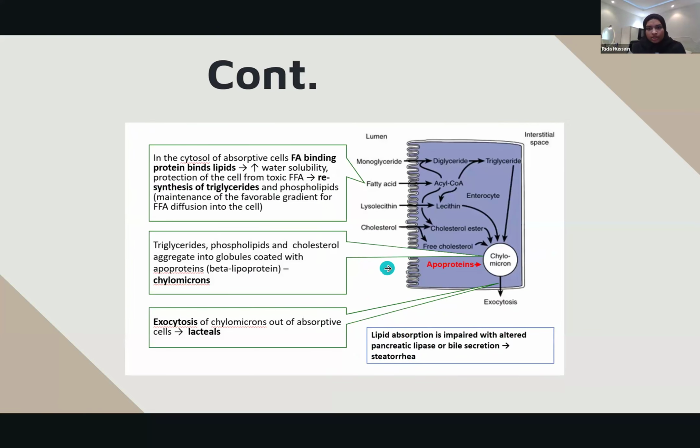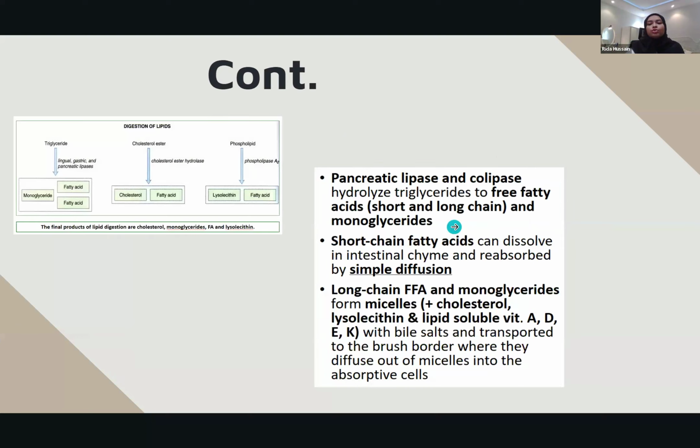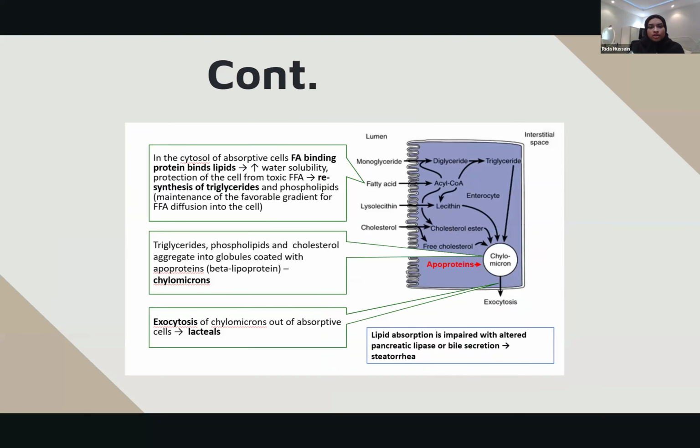Now we move on. We said that there are three main processes to this whole thing: first emulsification, then enzymatic digestion, then reconstruction. So now we will be talking about reconstruction. What happens over here is that the micelle contents are now in the enterocyte. We need to sort out what fatty acids we want and how long we want the chains. This all happens over here.